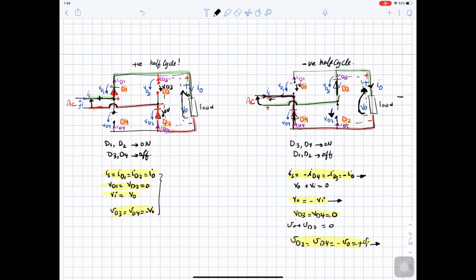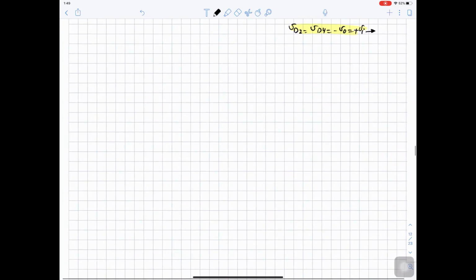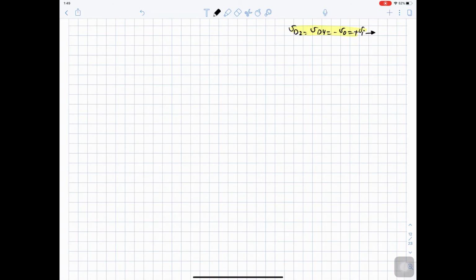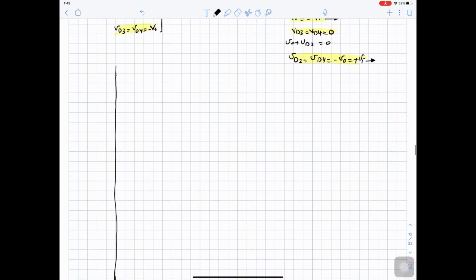So if we go and start to sketch, I will start by sketching here omega t, V input of t.